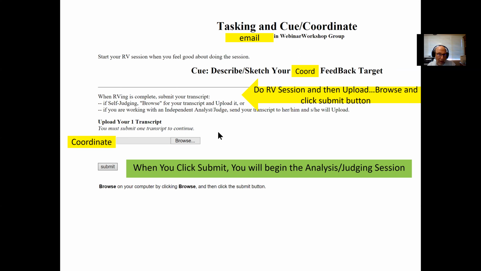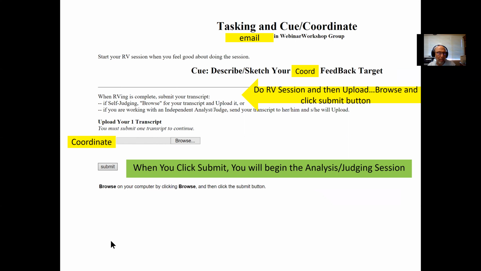You somehow get a copy of your transcript onto a computer that you can then browse. Could even be on your smartphone. And once you find it, it'll show up here, and once it shows up here, you can click submit.